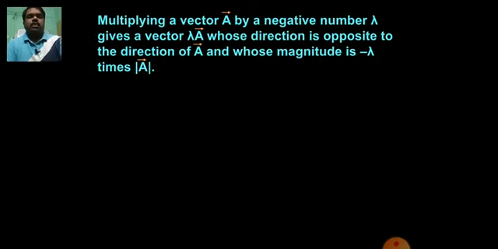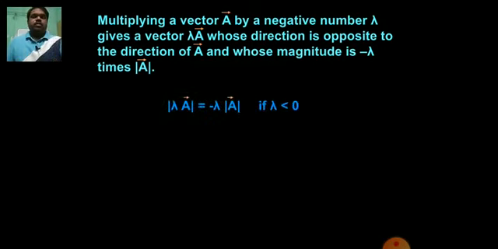On the other hand, in case number 2, when we multiply the same vector with a negative number, lambda here, then it gives lambda times vector A whose direction is opposite to the direction of vector A and whose magnitude also changes, that is, it becomes minus lambda times the magnitude of vector A. Means when we multiply a vector with a negative number, then both direction as well as magnitude change.